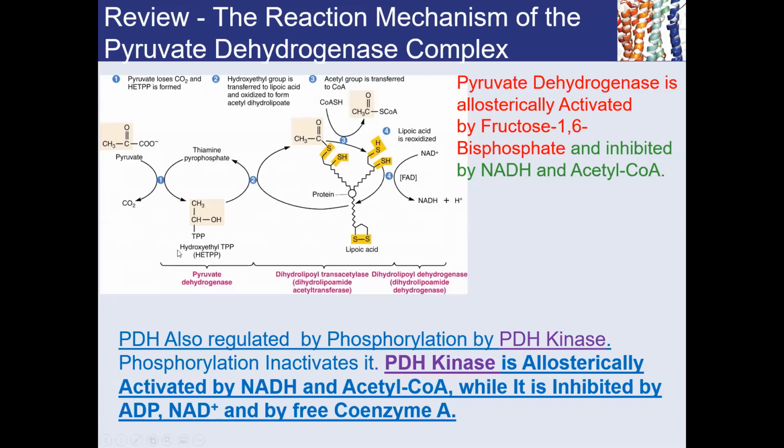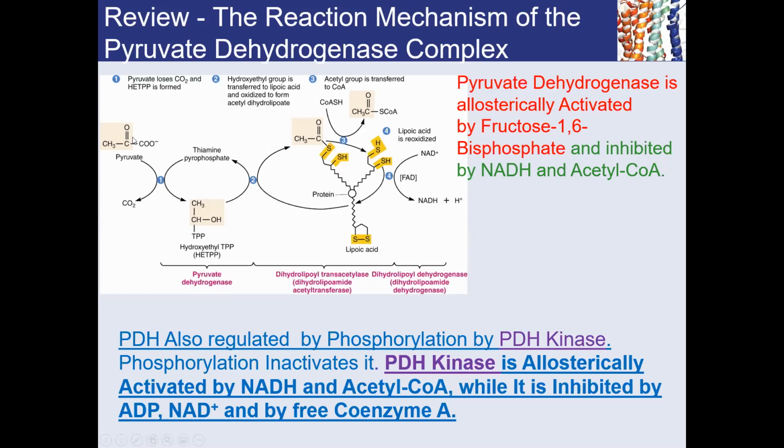So pyruvate dehydrogenase complex itself has 3 types of catalytic activity represented by E1, E2, and E3. Those 3 enzymes are shown here in the bottom in pink. So first enzyme activity of E1, what we call is pyruvate dehydrogenase.